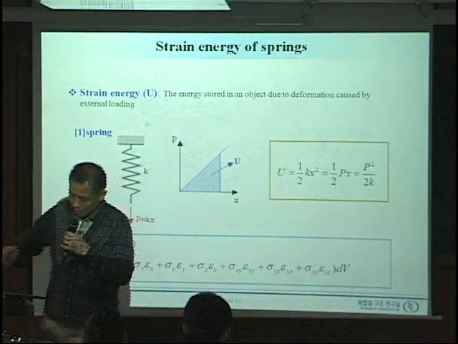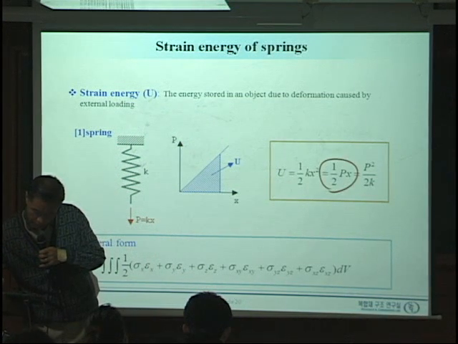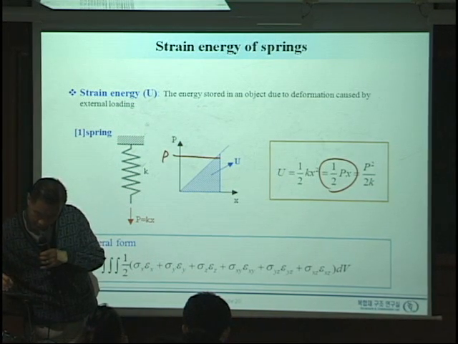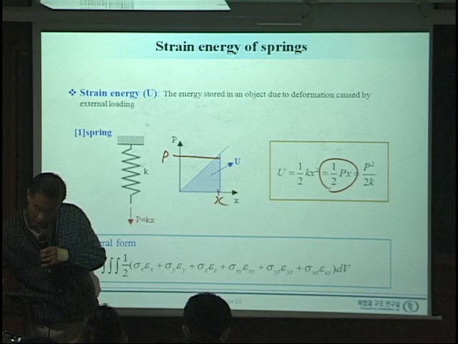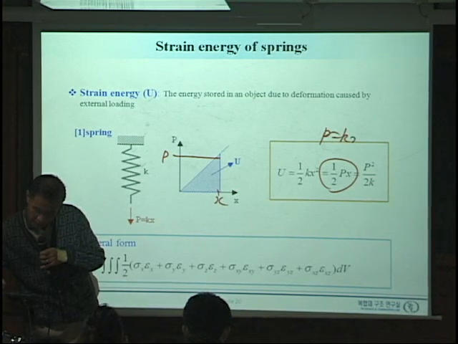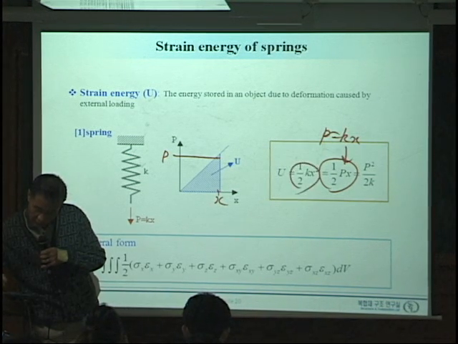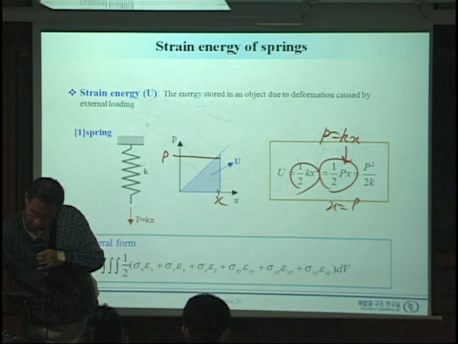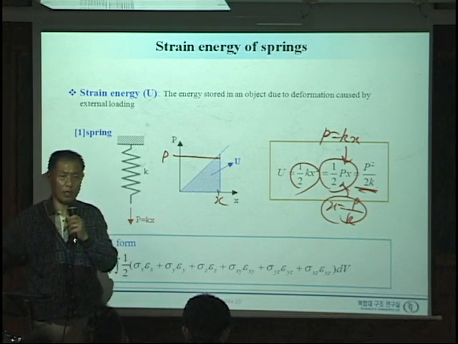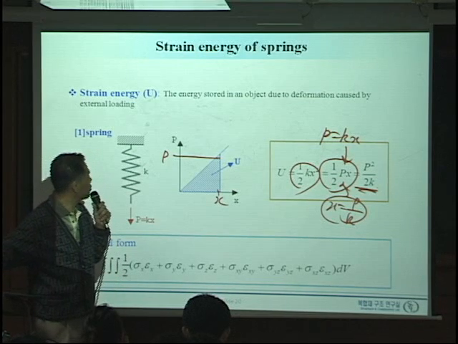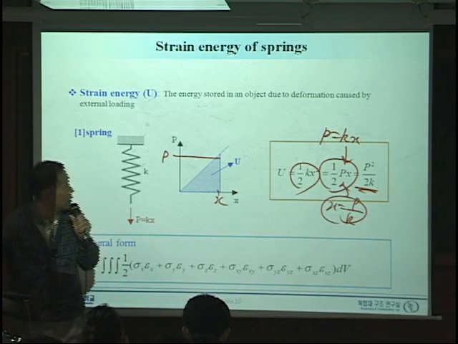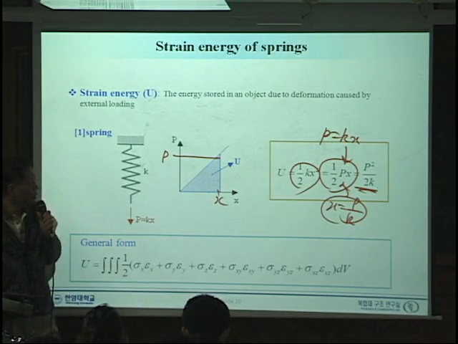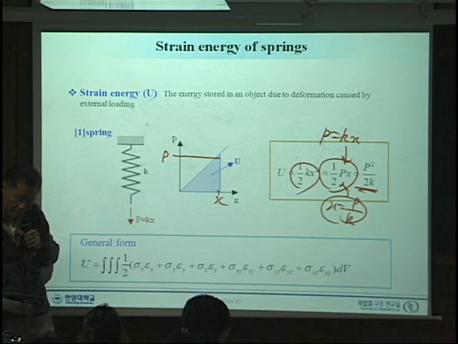Actually, this comes from these equations, and this is P, and this is x. So P equals kx. If we put it here, we can get this one. And if we put P over k instead of x, we can put it here. Then we have this one. So this is called strain energy stored in a spring due to a deformation.